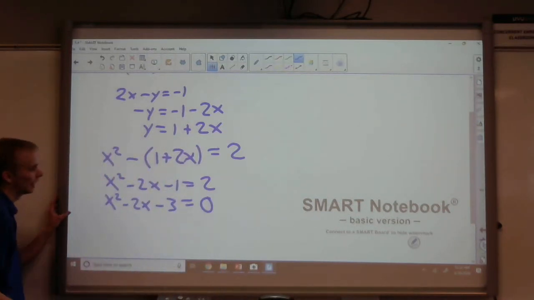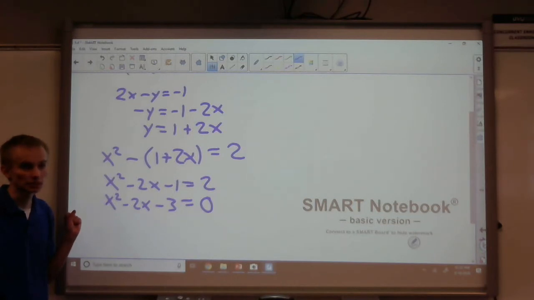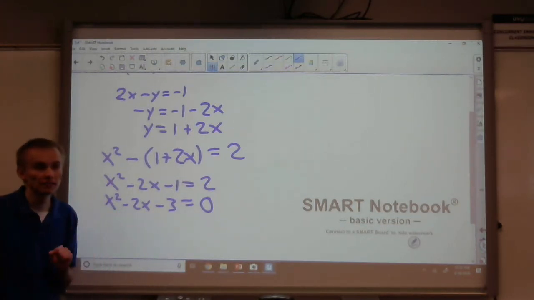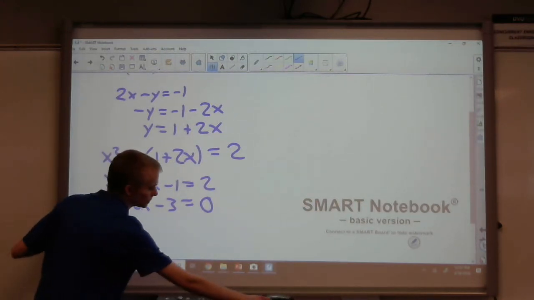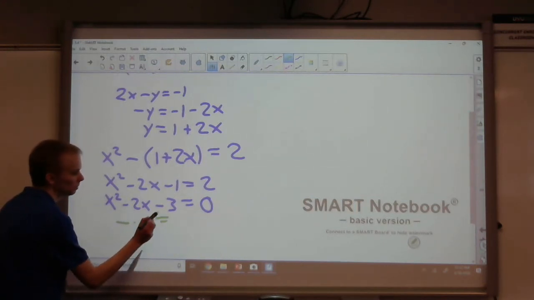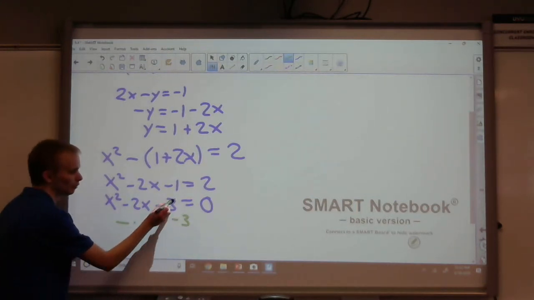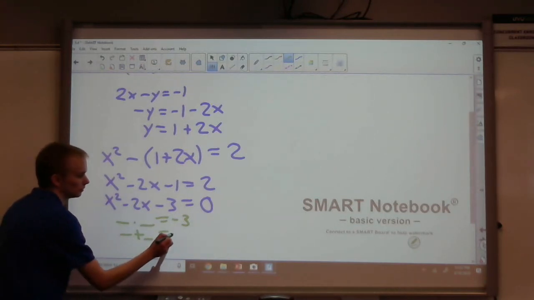So, to find x, what I need to do now is try and factor this equation, right? I need to figure out what values of x will make this true, so I try and factor. I look for what numbers multiply to -3 and add to -2.